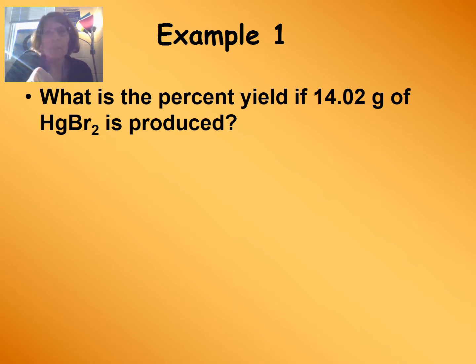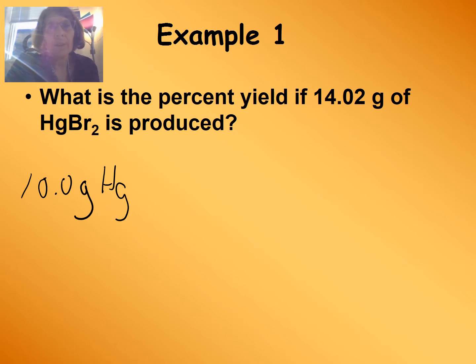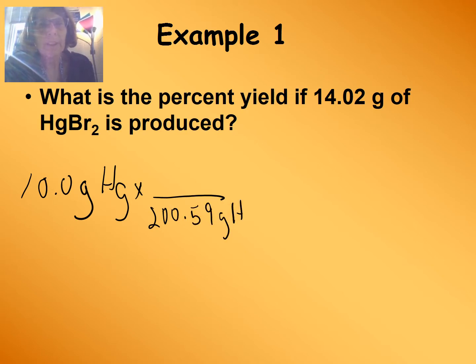So what we're going to do is go from grams of mercury to Br2 to figure out what was used up. So 200.59 grams of Hg, 1 mole of Hg to 1 mole of Br2. So the 1-to-1.